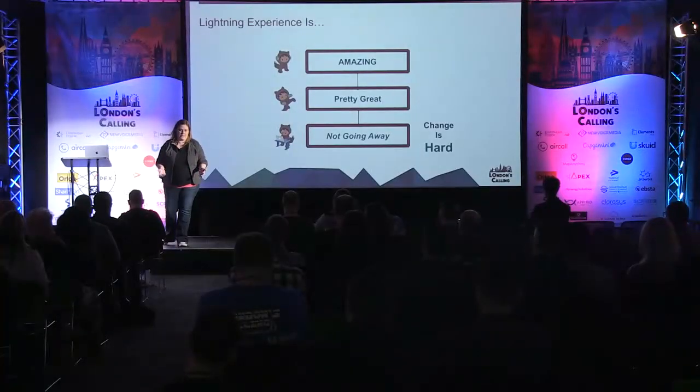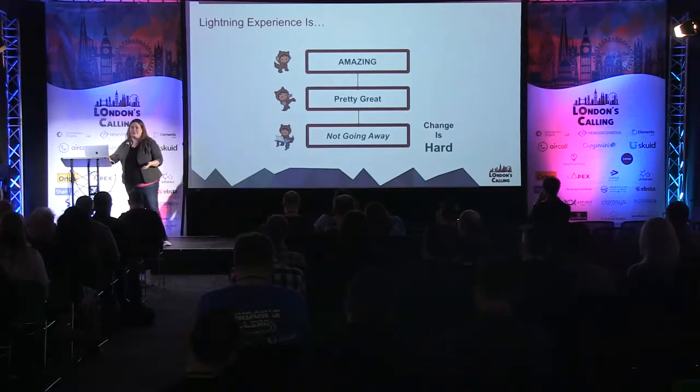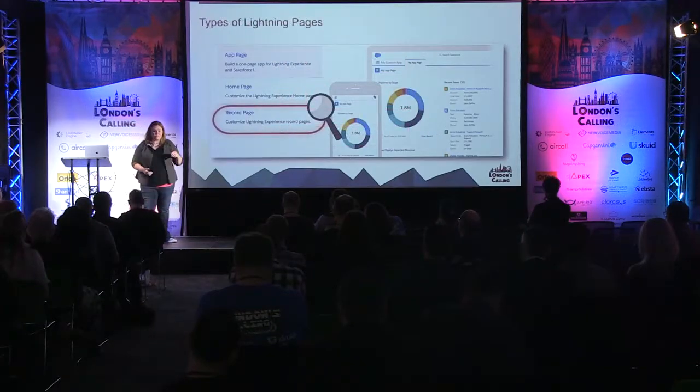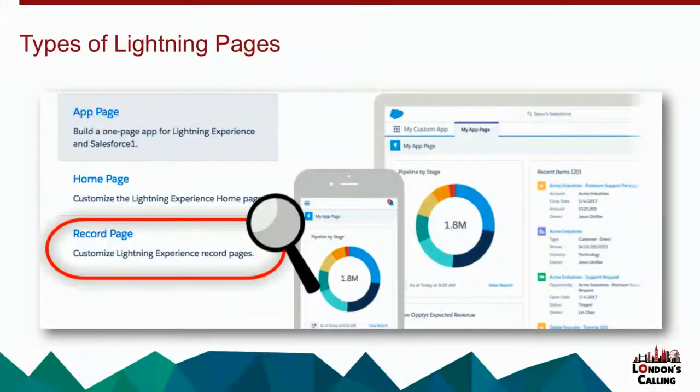So let's take a look at some of the ideas behind Lightning, the new, shiny, great stuff, but also it's not all different. You can leverage a lot of the things you've been doing for the past X number of years, or days, or however long you've been in. One key thing to note, there are a lot of different types of Lightning pages. Fun, sexy home pages is great, but we're not gonna talk about those today.